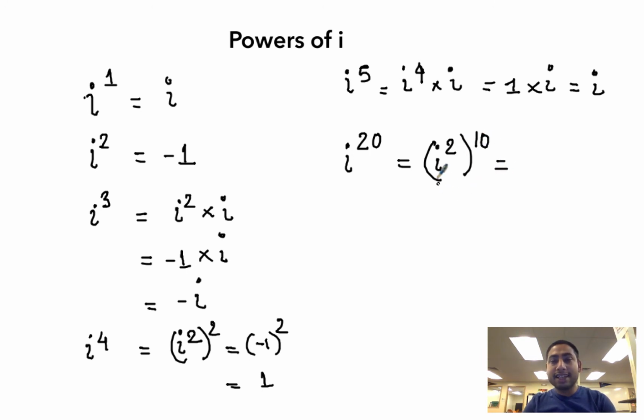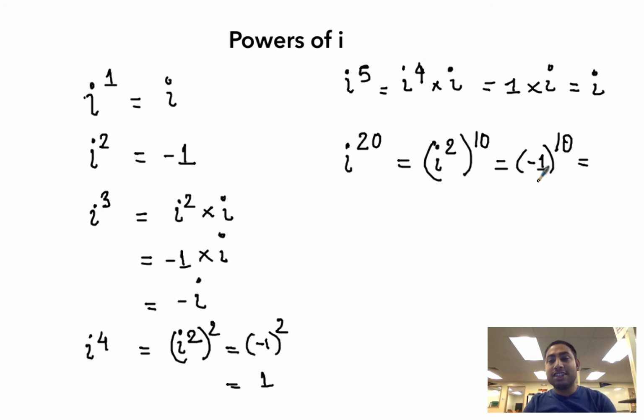Now, we'll use the fact that i squared is negative 1. Again, that's the definition. So this is going to be negative 1 to the power 10. Now, this just means we're multiplying negative 1 ten times. If you multiply negative 1 an even number of times, let's start with negative 1 times negative 1, it's positive 1.